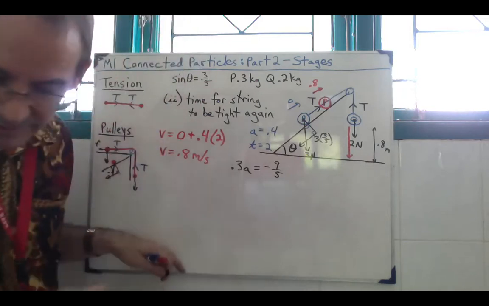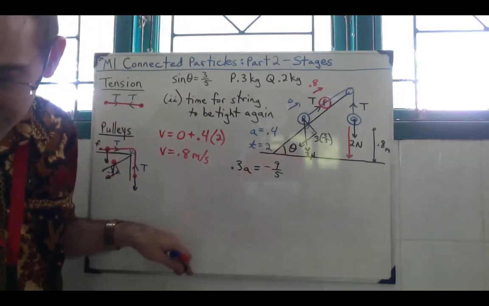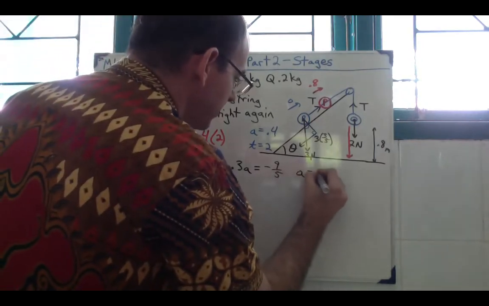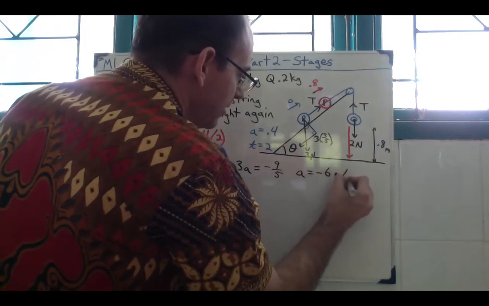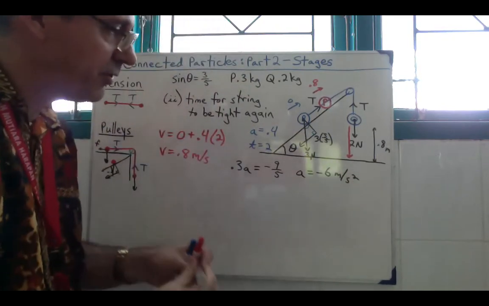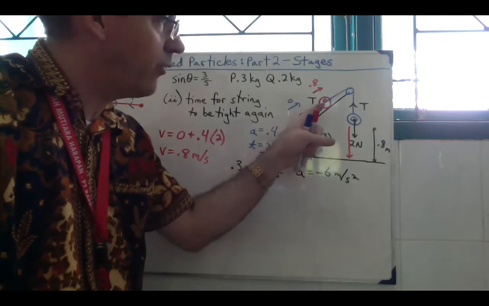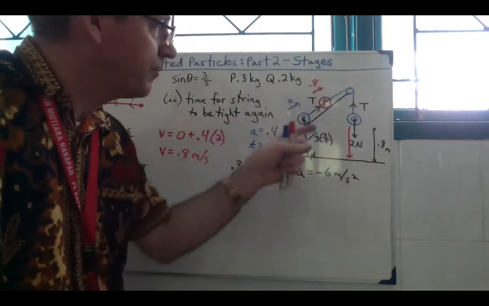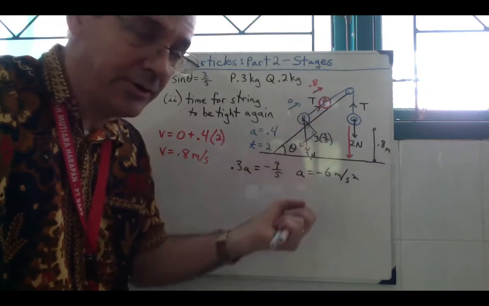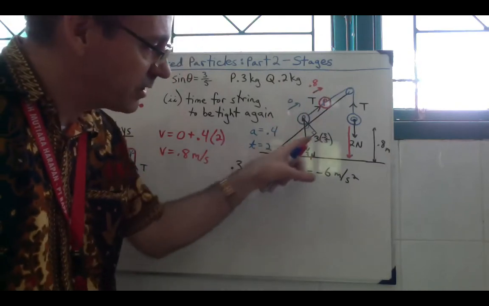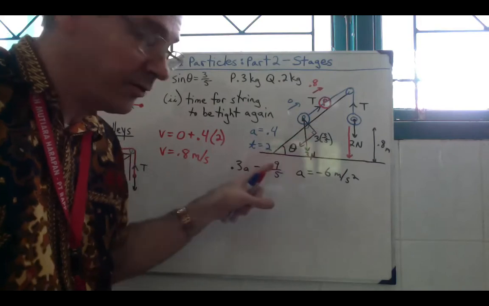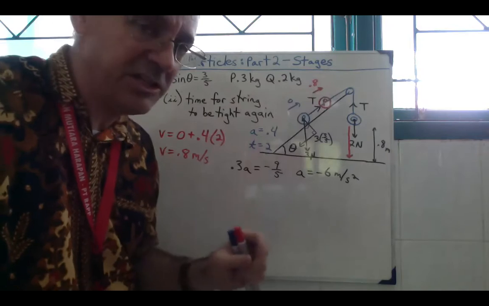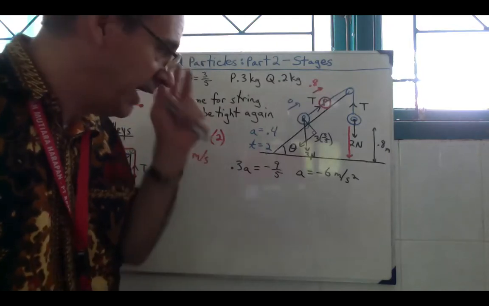So when we take our negative 9/5 and divide by 0.3, we're going to get a new acceleration of a negative 6 meters per second squared. And notice it's negative because now our particle is not being dragged and it's going uphill, so it's slowing down because the force of gravity resolved parallel to the plane is pulling it back. But it's still going to continue on for a little bit of time.